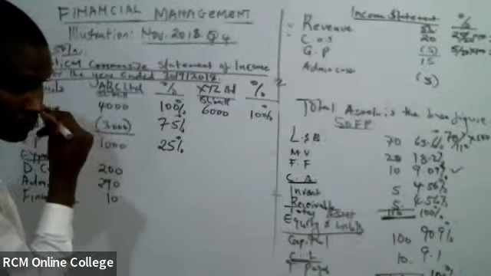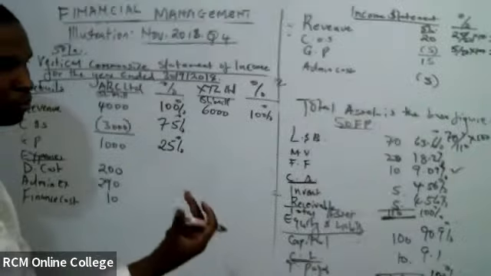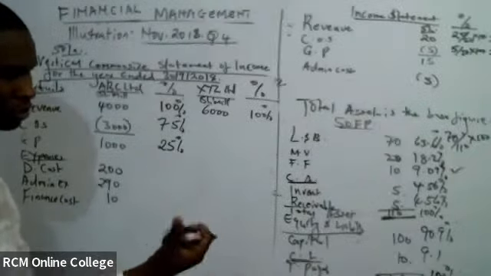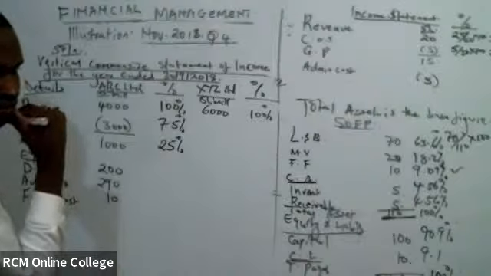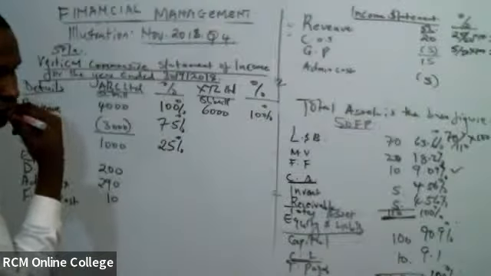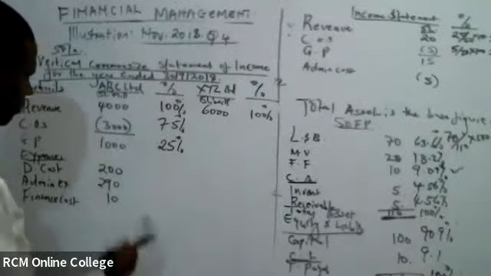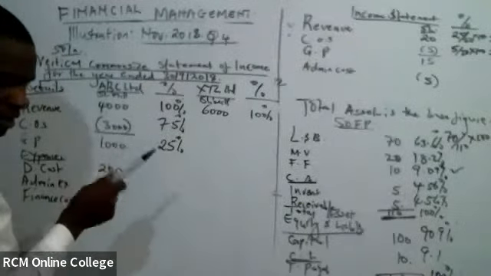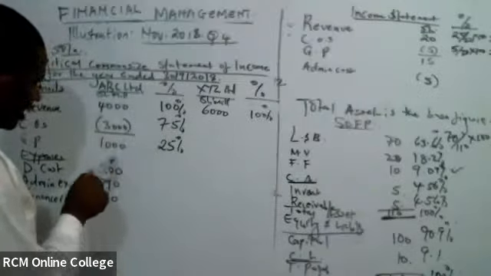Of course, we are expressing this as a percentage of sales. What is the proportion of the distribution cost as far as the sales are concerned? This 200 as a percent.